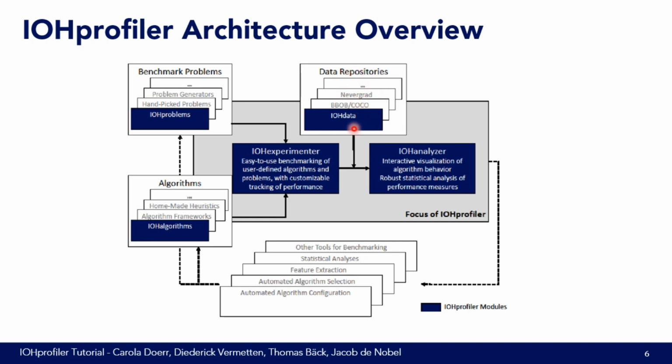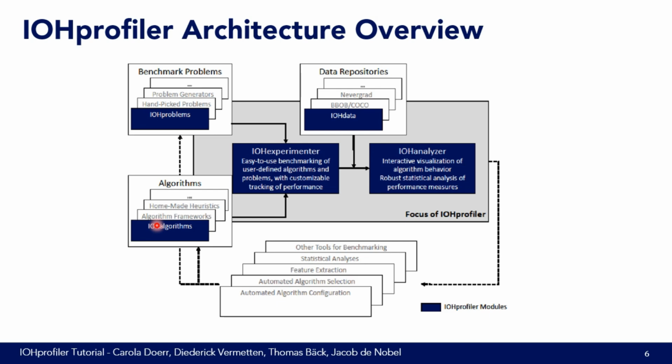So each of these boxes you can swap out for different things, and you can still have interesting benchmarking pipelines. This is also the case for different problems. You can use the problems that we have integrated directly, but you can also use your own problem generator or your own set of problems that you're interested in. So you can swap this out. You can use algorithms that we provide direct interfaces to, or you can just use whatever algorithm framework you're currently looking at.